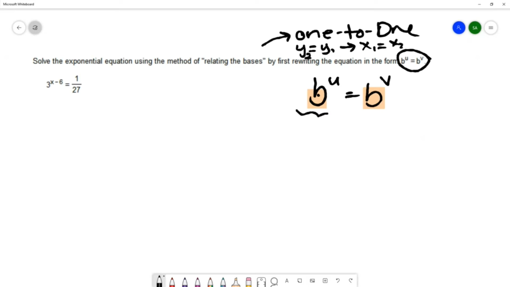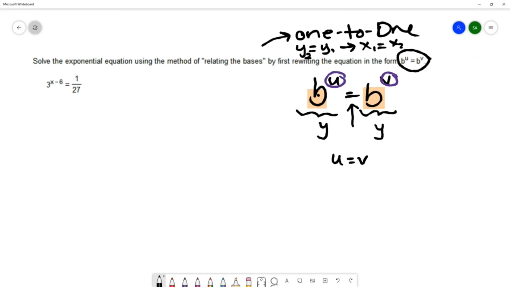We consider the left-hand side to be a y value and the right-hand side to be a y value, and we've got the equal sign stating that they're equal to each other. And the exponents, these are the x values. Because we have an exponential expression on each side, we can say that these exponents are equal to each other. This works because exponential functions have this one-to-one property, and when the y values are equal, the x values must be equal.